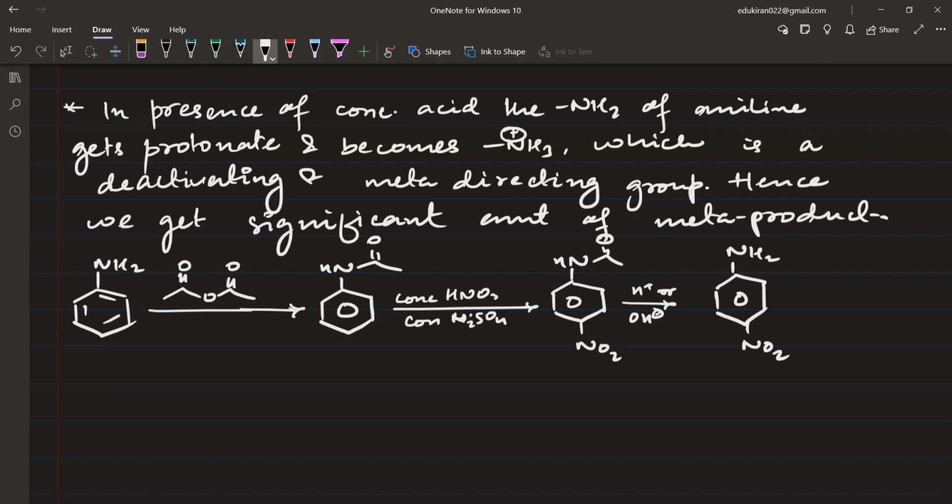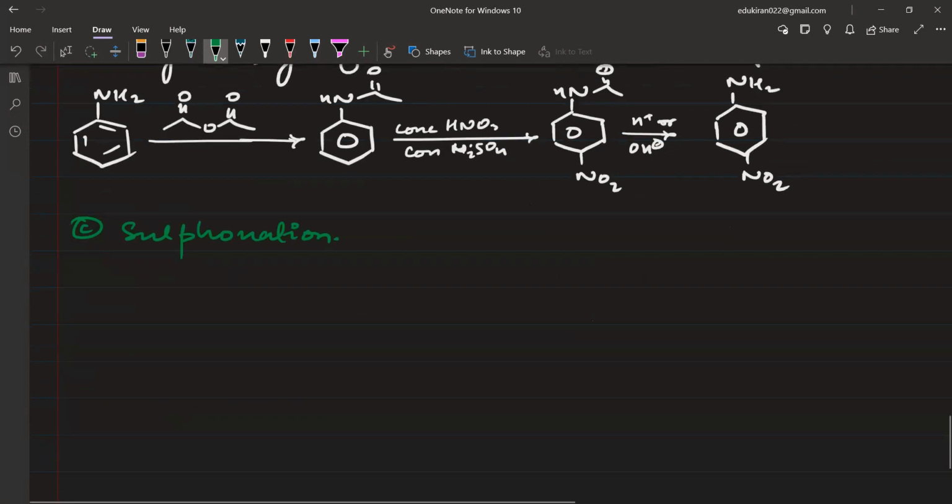And we have the last reaction, that is sulfonation. In sulfonation, we just use concentrated H2SO4.